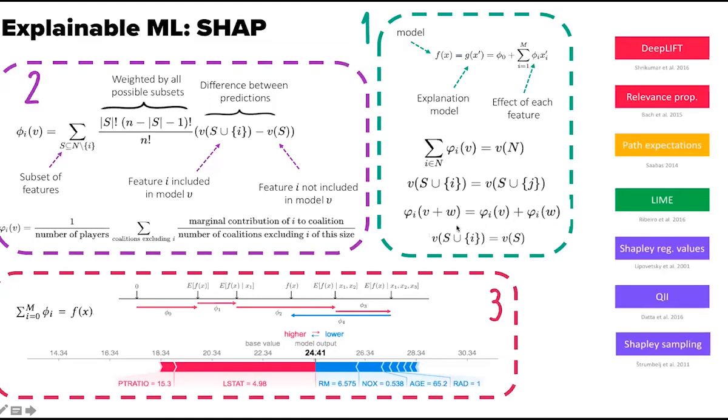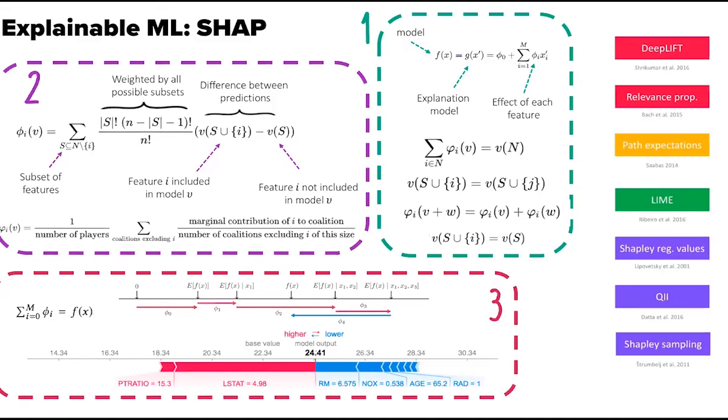And if the effect of a player is 0, it means that it should not get anything. So the Shapley theorem says that using all of these axioms, there is only one fair way to calculate the splitting of this treasure, and this way is called the Shapley value.